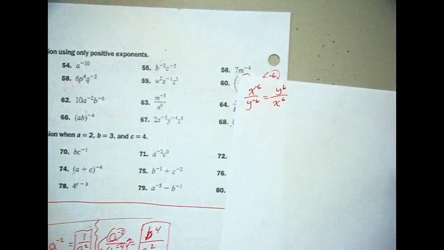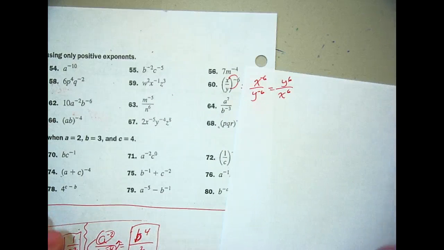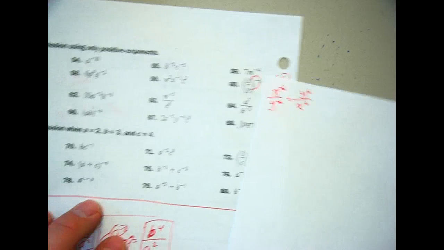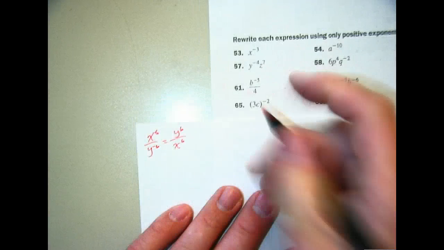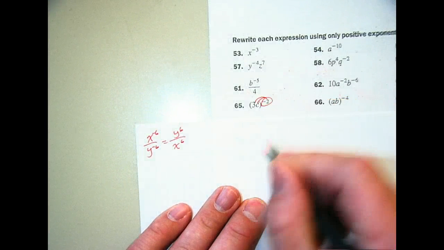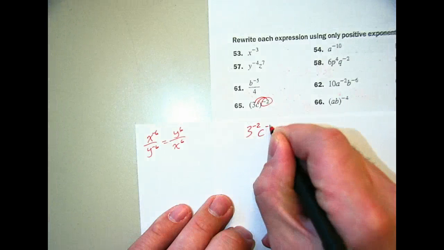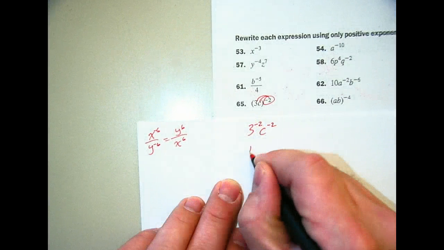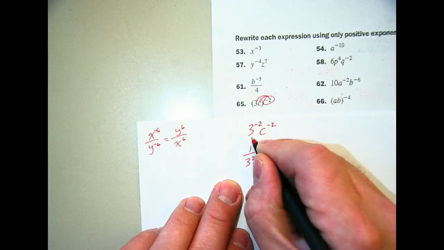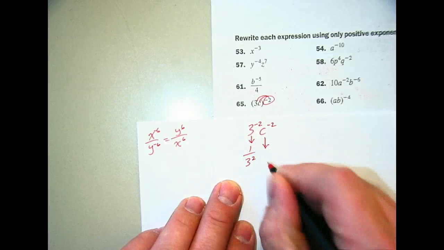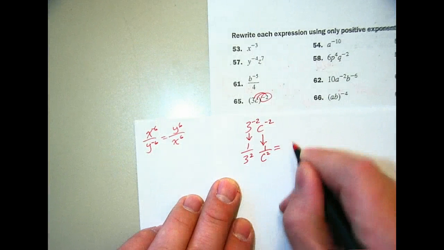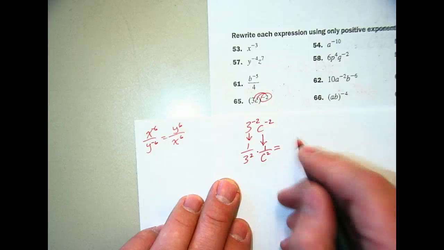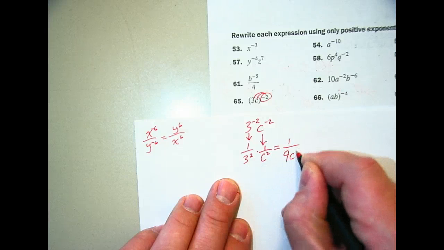Everyone good on this one before I move past it? Okay, 65. We're going to bring that negative 2 in to each part. That's 3 to the negative second, c to the negative second, which gives me 1 over 3 squared and 1 over c squared, which, when we multiply fractions, just multiplying straight across, is 1 over 9c squared.